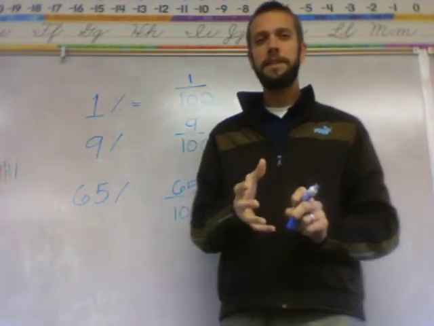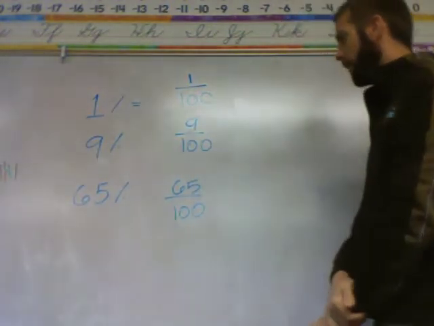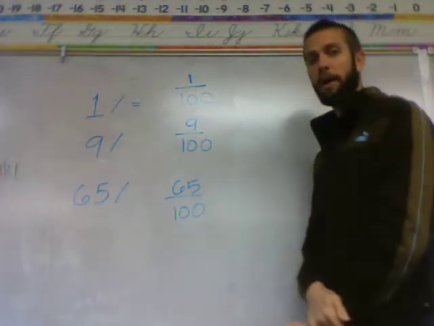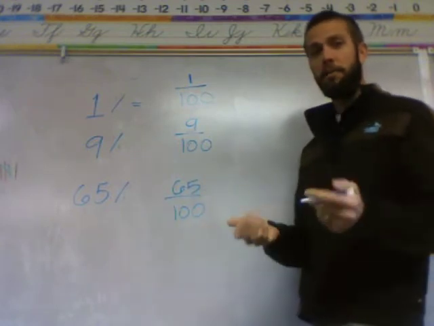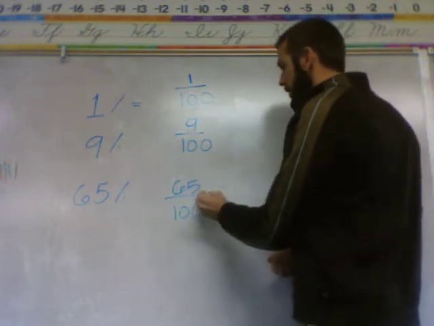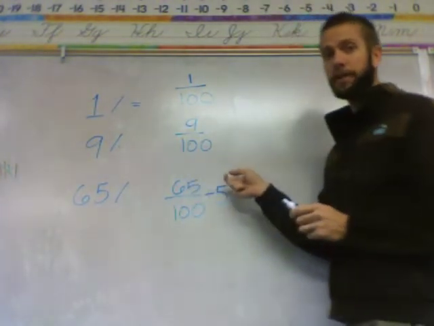What goes into a 65 and a 100? Okay? Think about it a little bit. Hope you came up with 5. 65 and 100 are both divisible by 5. So I always tell my class, whatever you do to the bottom, you have to do to the top.